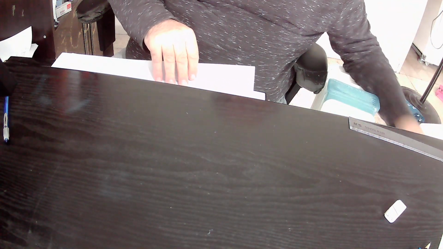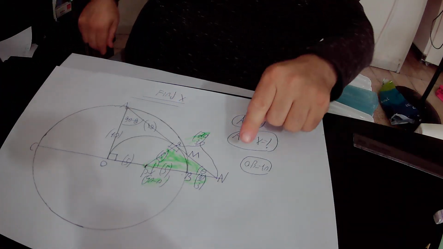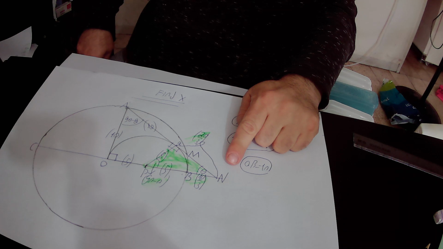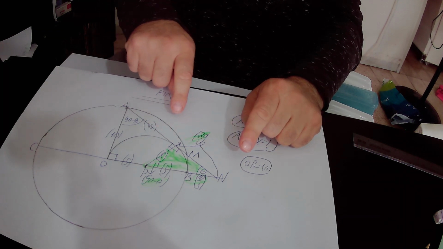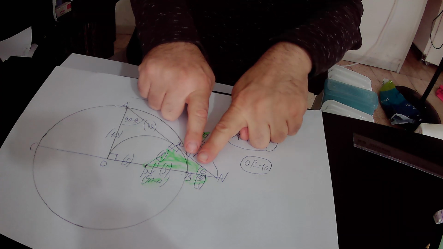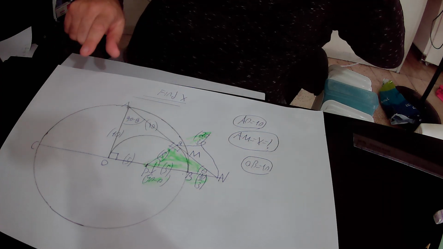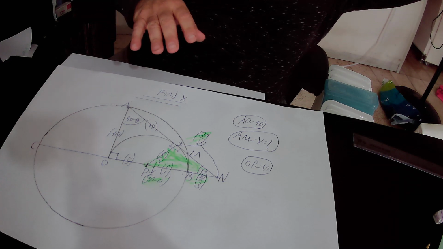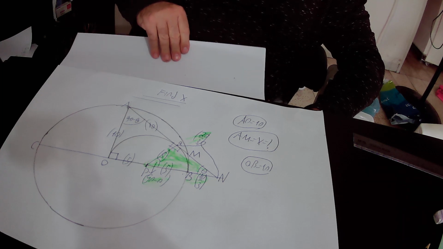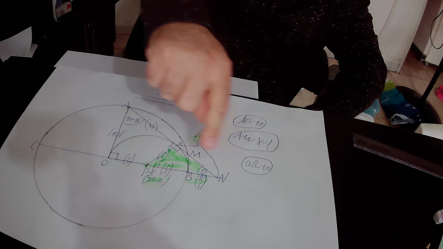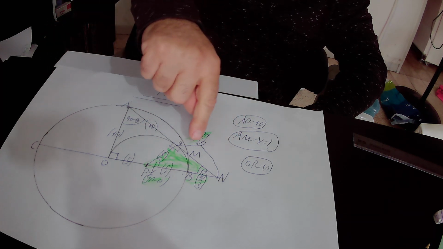We actually can implement rule number 14 in our drawing. Why? Because in our drawing, if we focus on the common start point N, from the common start point N we have two chords inside this circle. We have chord MA. From the same common start point N, we have also chord BC. Therefore, all the requirements of rule number 14 are met, and for that reason we can implement here rule number 14. According to rule number 14, NB times NC will be equal to NM times NA.